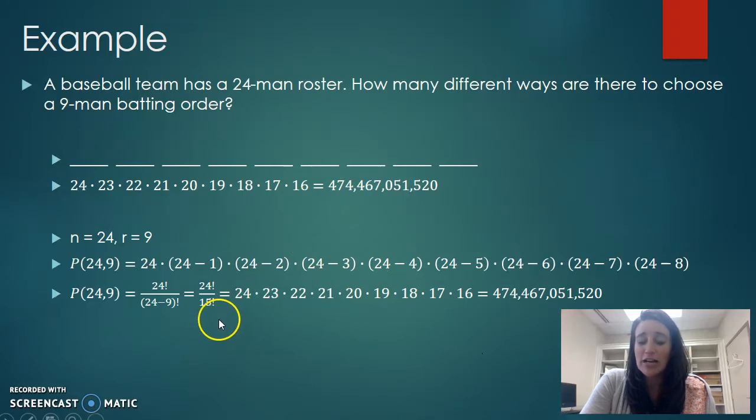And if you type this in your calculator, I'll show you when we get to class how to find the factorial button if you don't already know. But you can type this in your calculator and it gives you the same number, 474 billion plus.